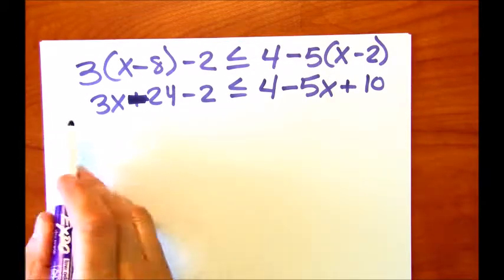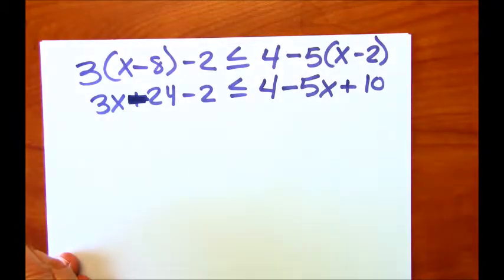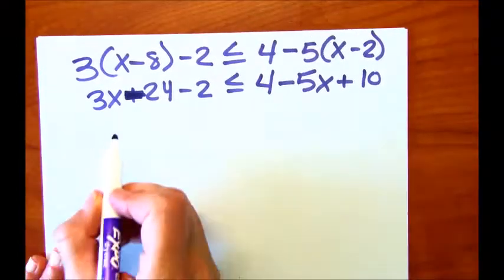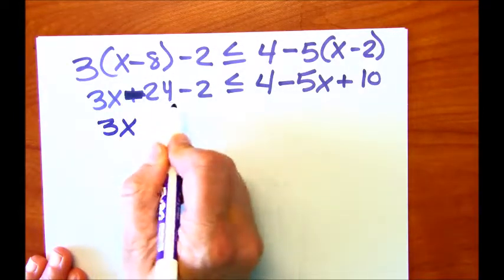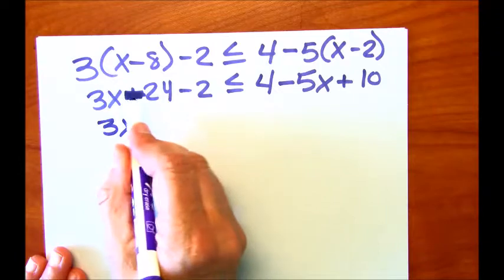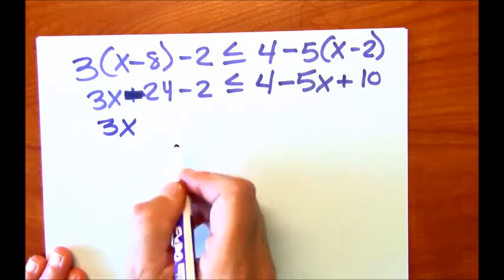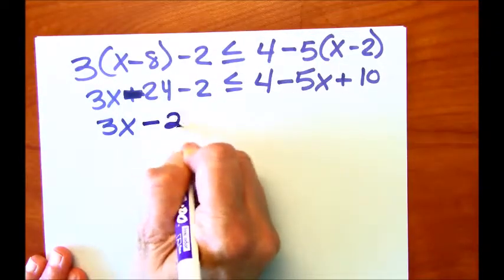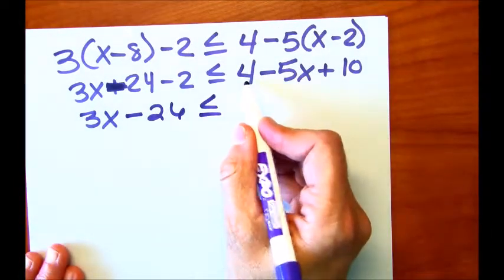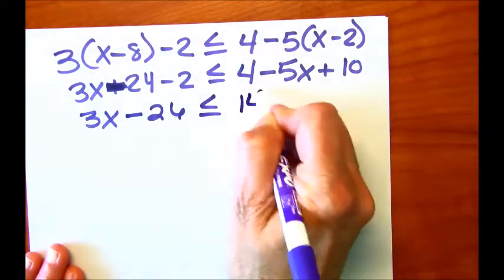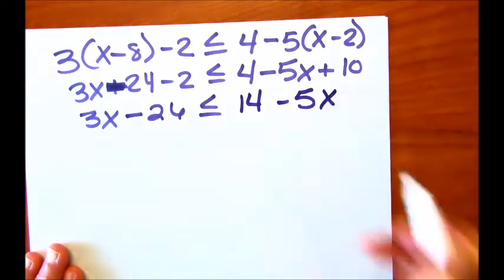Hopefully you were scratching your head when I wrote that plus sign. If not, that's okay, we caught it. So now again we've got 3x, -24 minus 2. That's really -24 plus -2, which is -26. And 4 plus 10 is 14 minus 5x.